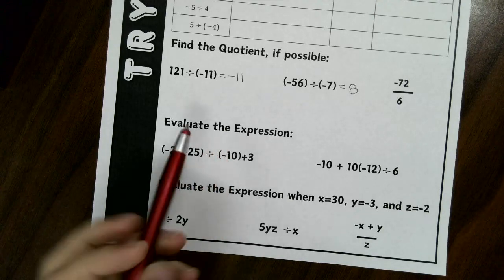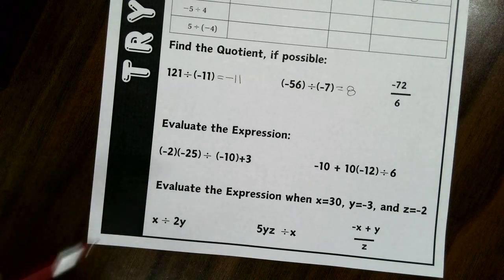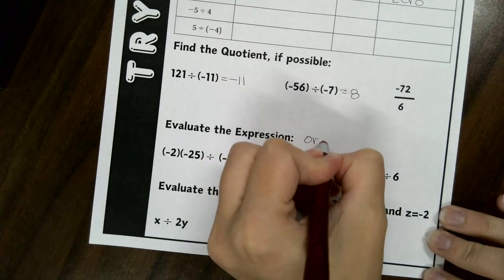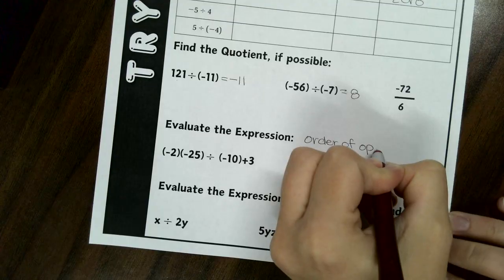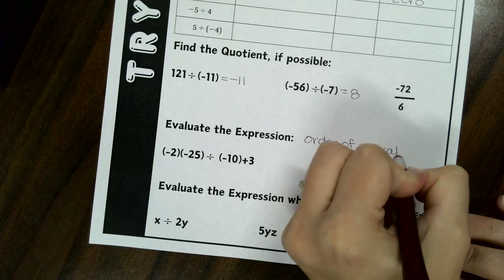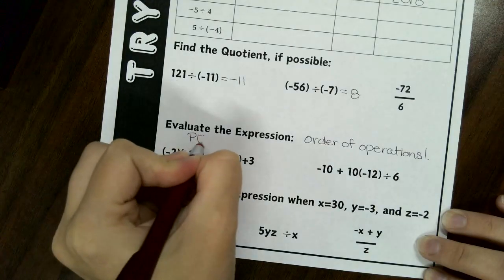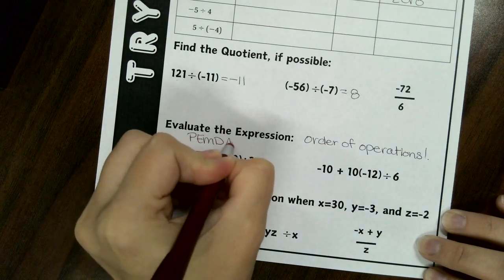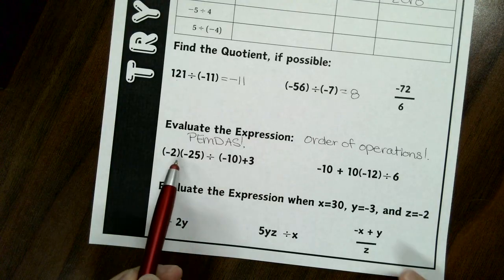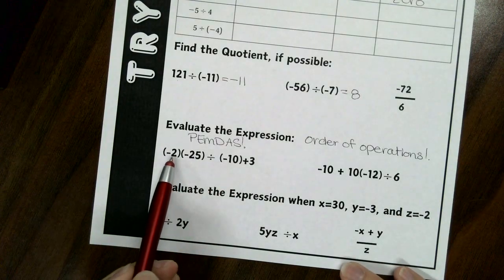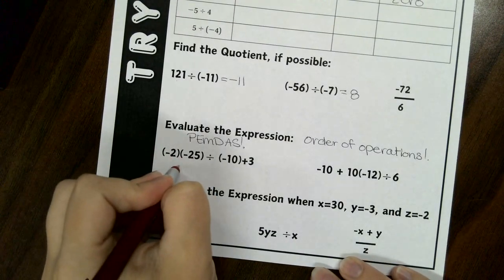Let's look down here. When you're doing these problems, you need to make sure that you follow the order of operations. Okay, you're going to get a really wonky number if you don't. So PEMDAS. Make sure you follow that when you're solving this. So first thing I'm going to do is these parentheses, -2 times -25, both share the same sign that makes them positive.